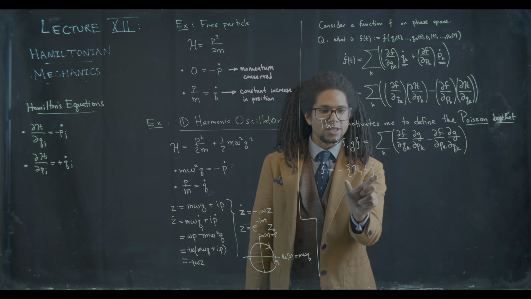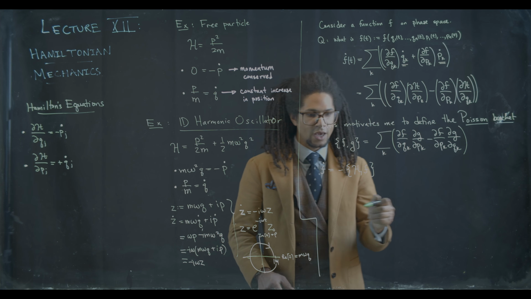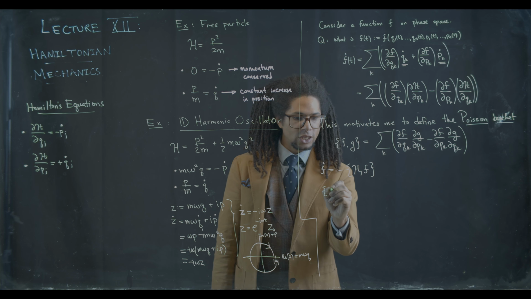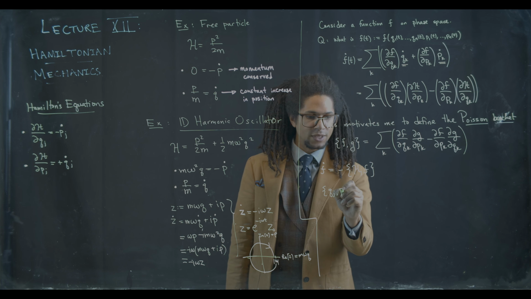This bracket turns out to give me more information than just this time derivative, though. In particular, let's check qj bracket pk. Okay. Now I'll need to make my sum over something else. So let's use l.